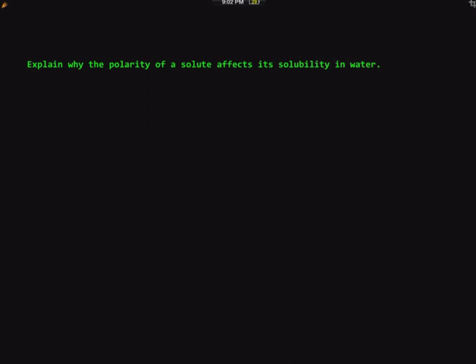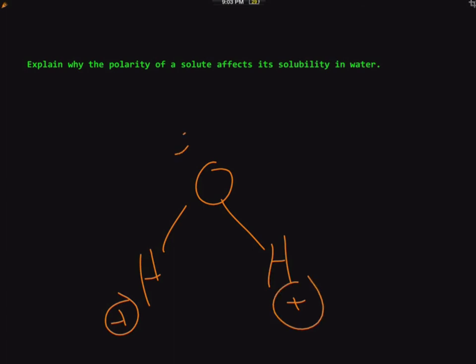Why does the polarity of a solute affect solubility in water? Well, we touched on this in the last problem. In order for water molecules to sort of attack a solute, what happens is the very polar nature of the water molecules has very strong areas of positive charge around the hydrogens and very strong areas of negative charge around the oxygen.